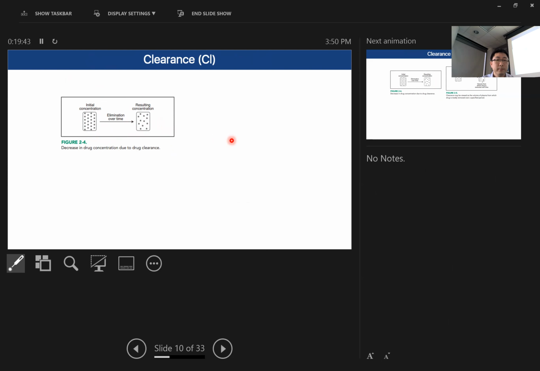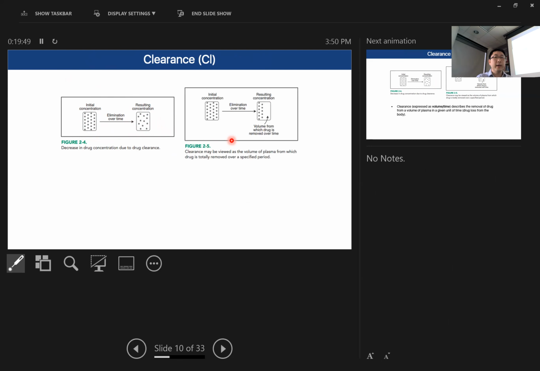However, in the clearance definition, that's not the way it's defined. What is defined is that you take the initial concentration here and assume the concentration does not change. But actually that's not true, right? That's just the way they treat this. Apparently the drug is being removed from the body, so something must change to reduce the amount of drug.